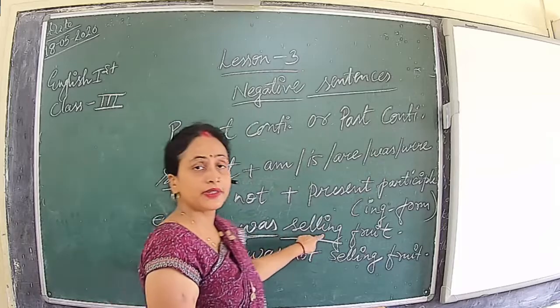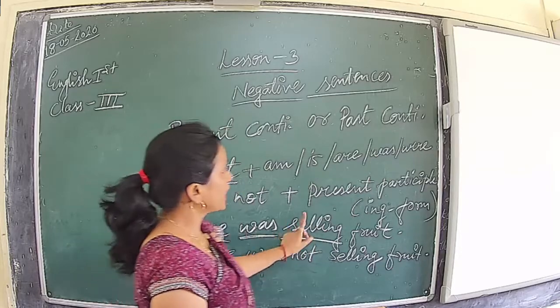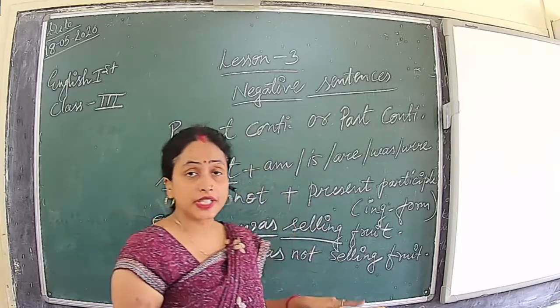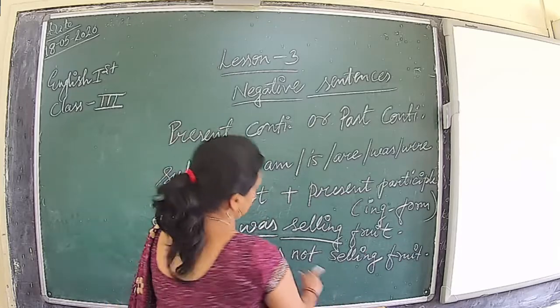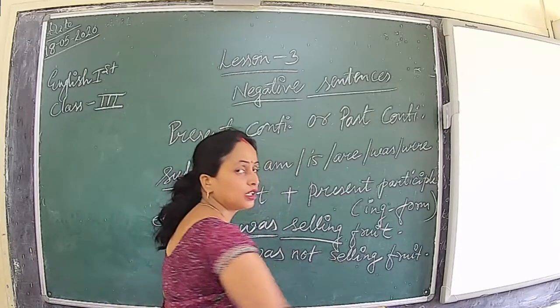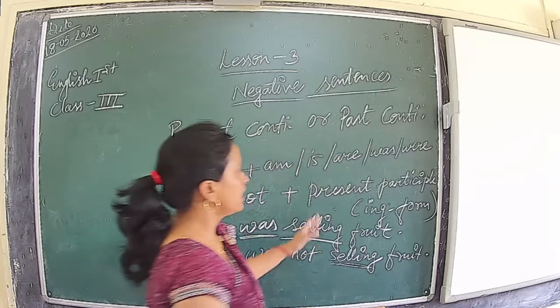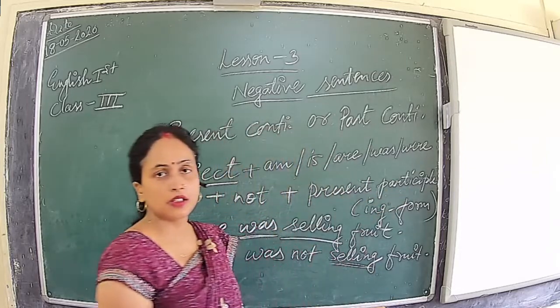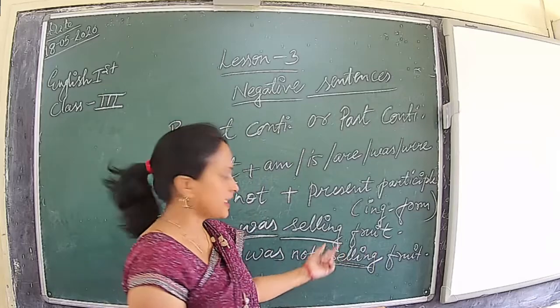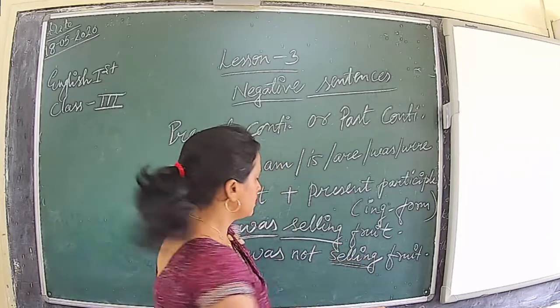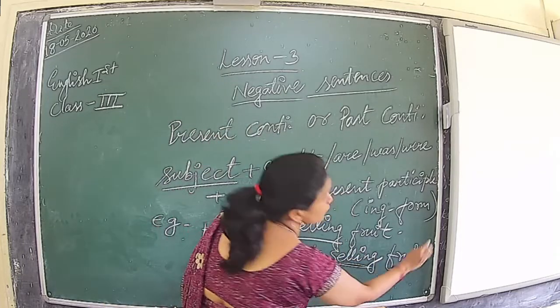As it is a past continuous tense, was, and as we are changing into the negative sentence, not selling. Selling is a present participle, the ing form of the verb, isn't it? So, not selling fruit.